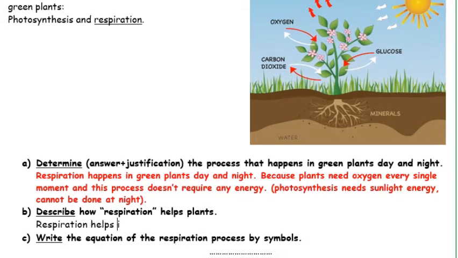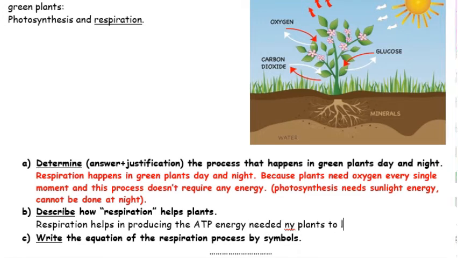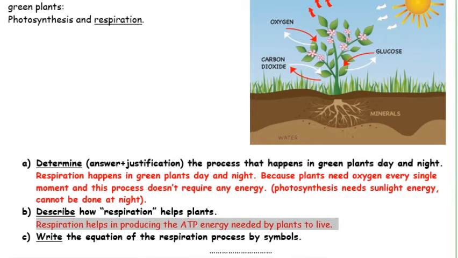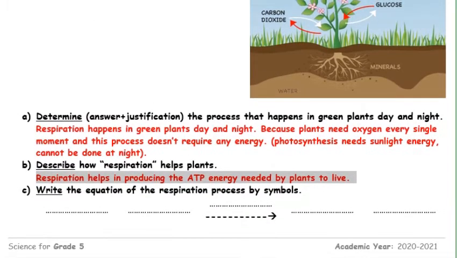Respiration helps in producing the ATP energy needed by plants to live. So we breathe, plants breathe, animals breathe. They use the oxygen taken in by their bodies to produce ATP energy.